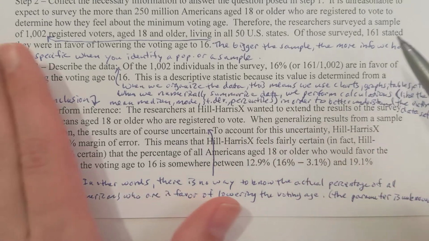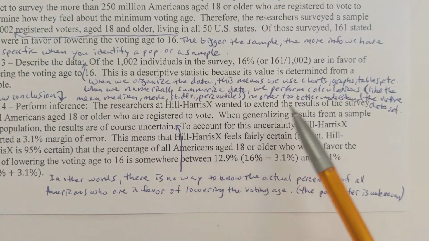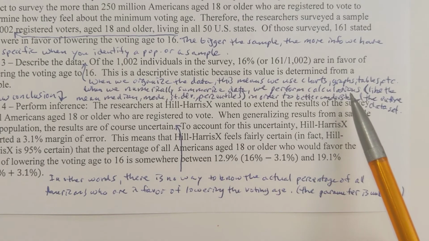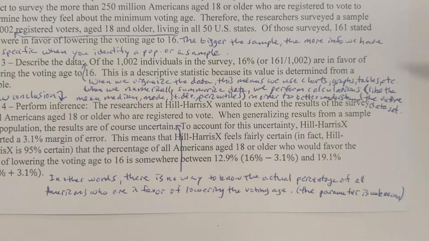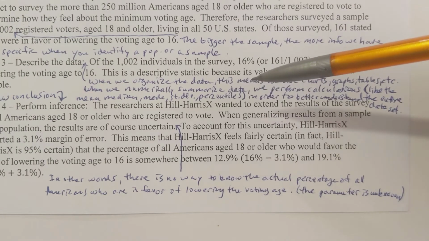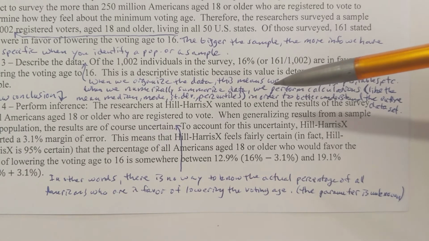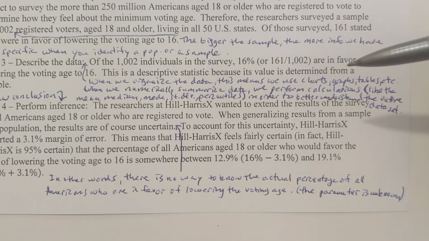When we organize the data, this means that we use charts, tables, graphs, okay? When we numerically summarize the data, we perform calculations like the mean, median, mode, standard deviation, percentiles, in order to better understand the entire data set. Okay, we're going to talk about that stuff later, but this is an example of descriptive statistics.